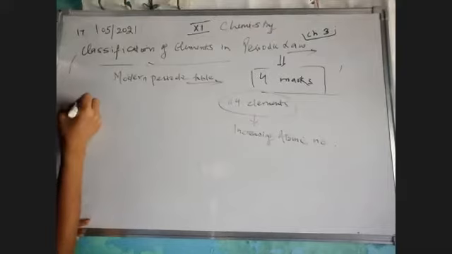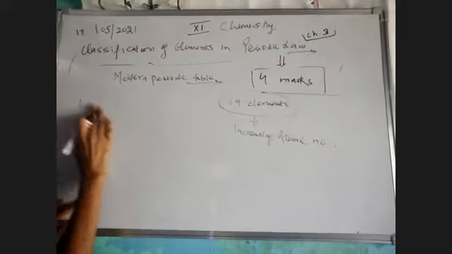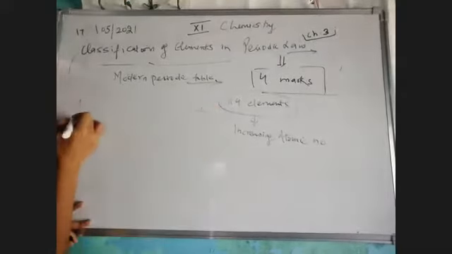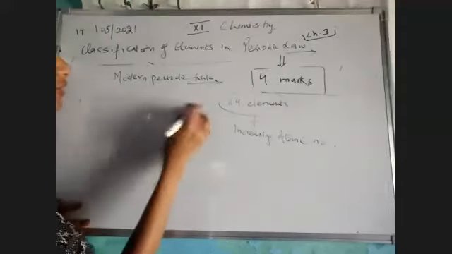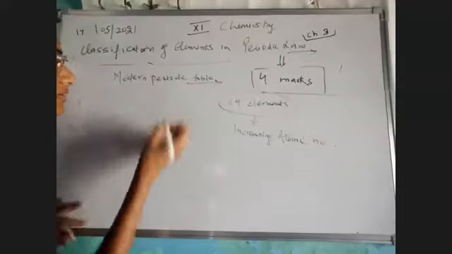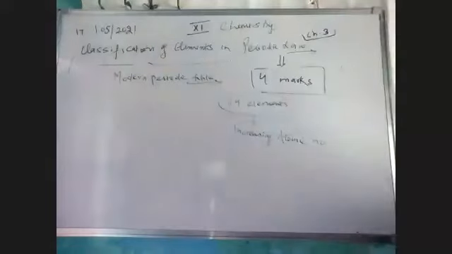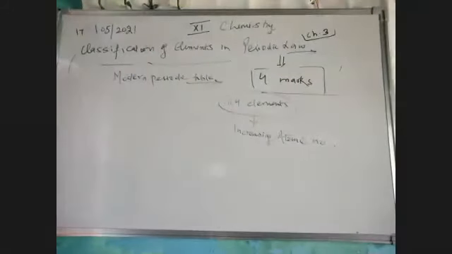Suppose this is atomic number one, this is atomic number two, and in the same way we are going to move with 3, 4, 5, 6, 7 and up to 8.